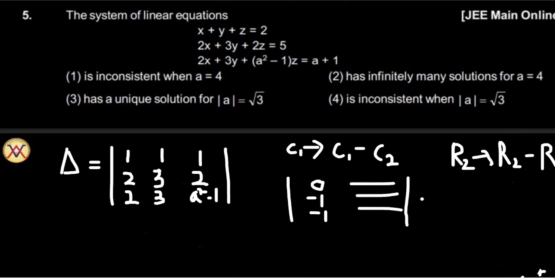Because when we do that, the new determinant which is going to come is 0, minus 1, and yes, indeed the other terms will also change, as we got the same here, right? We got the same here.